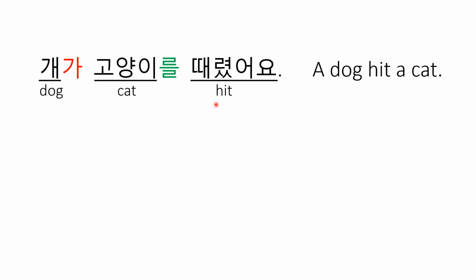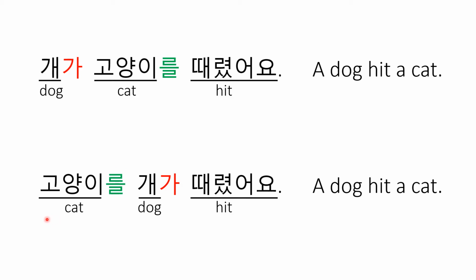A dog hit a cat. 개가 고양이를 때렸어요. 개 is a subject, 고양이 is an object. So, subject 개, hit, object 고양이.